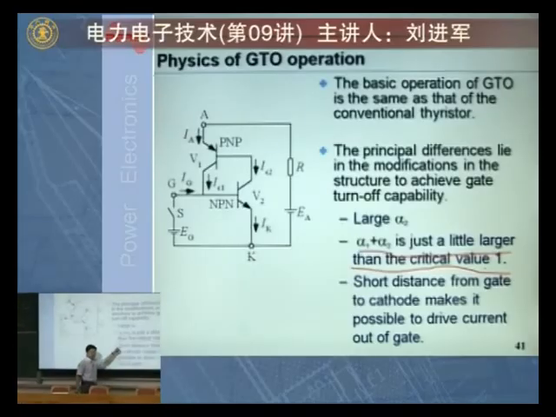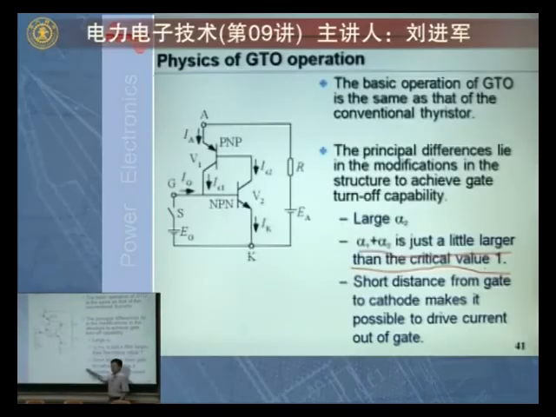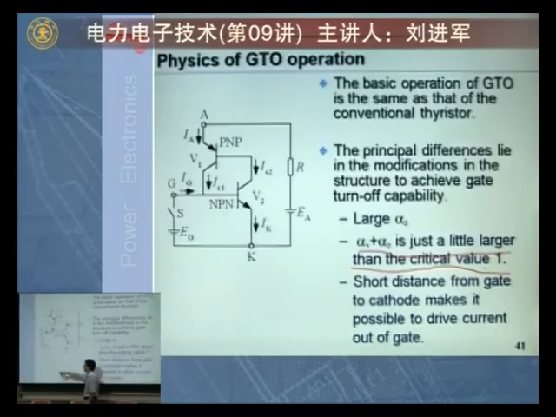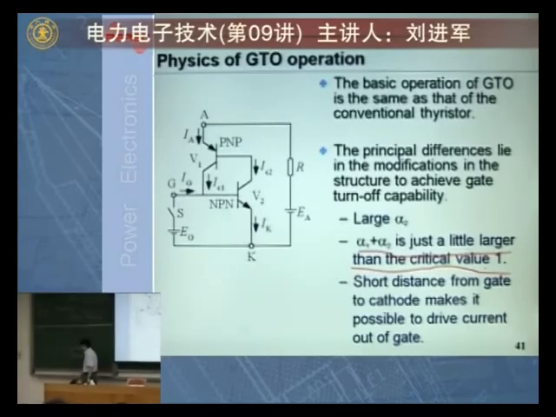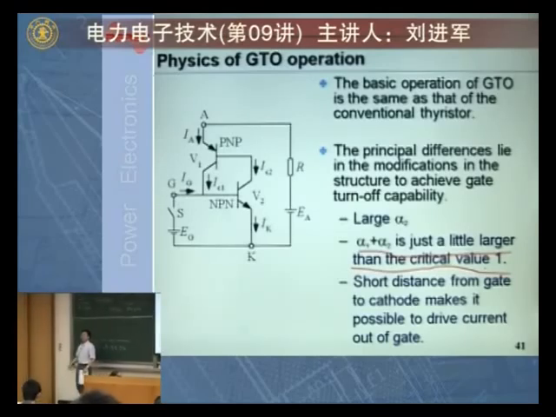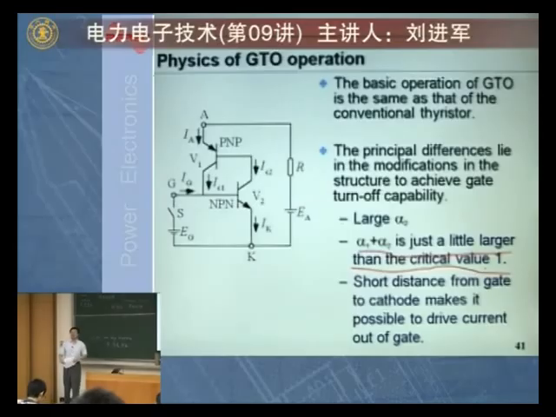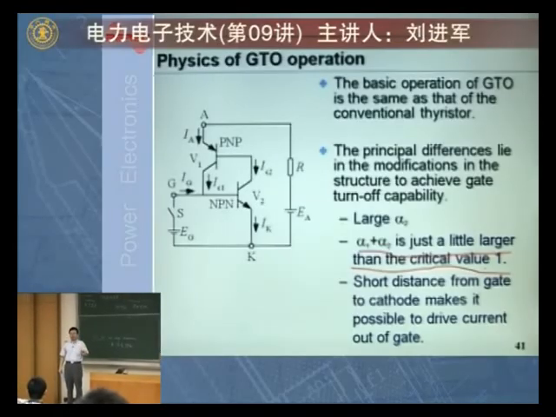Although we had some discussion in the textbook, this process is very complicated, and even the selection of alpha 1, alpha 2 is very complicated. But we don't need to get that deep. We just understand we have very special control when we manufacture the GTO, so that alpha 1, alpha 2 are very carefully controlled and make it easier for us to turn it off.